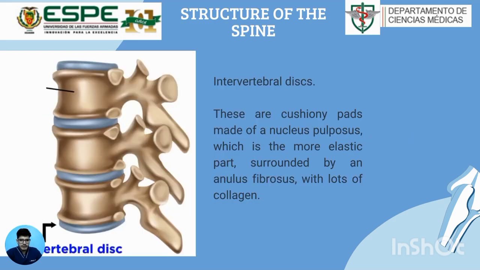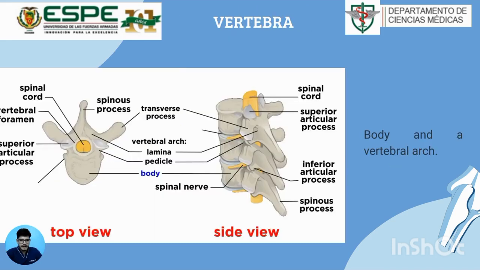Now let's look a little closer at an individual vertebra. Each vertebra has a body and a vertebral arch. The hole in the center is called the vertebral foramen, and the spinal cord passes through here.